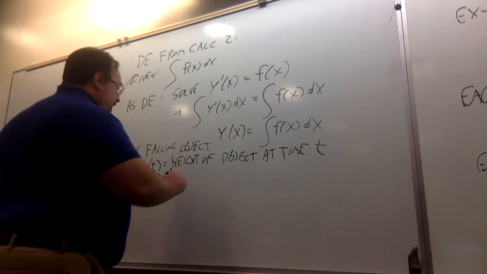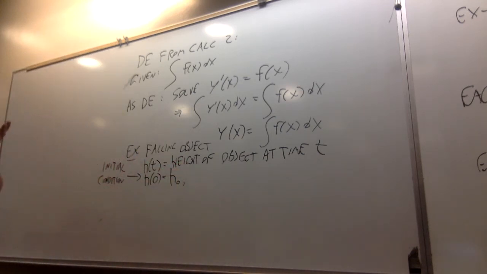So, well, how would velocity relate to the height? How do velocity and height relate to one another, calculus-wise? Acceleration? That'll come later. Yes, velocity is the derivative of the position, or height in this case.